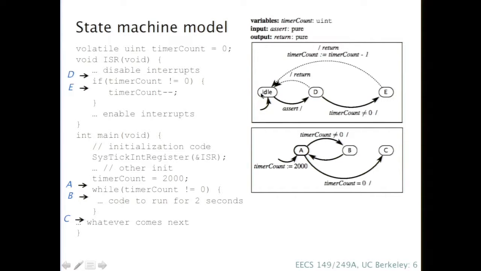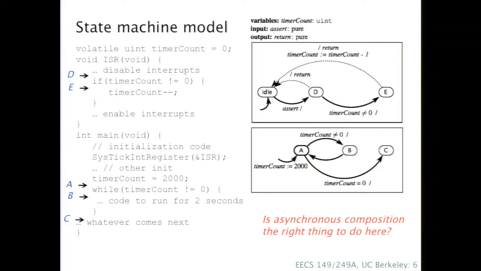So if I get an assert at the input, I will transition to D, and depending on the value of timer count, to either B or C. But that's not what the C program does. So is asynchronous composition the right thing to do here? And if so, which variant? Should I use an interleaving semantics?